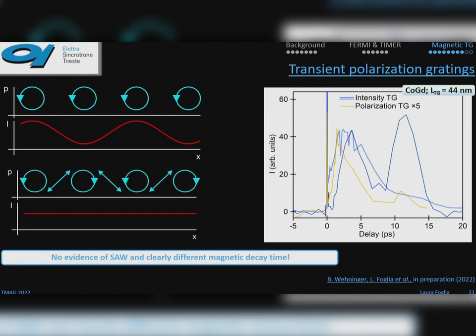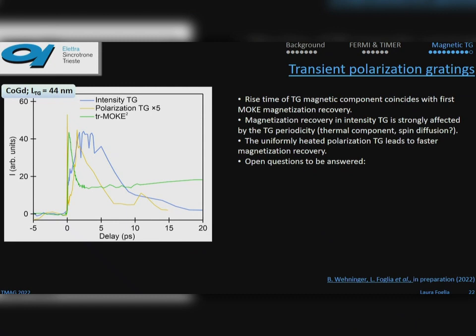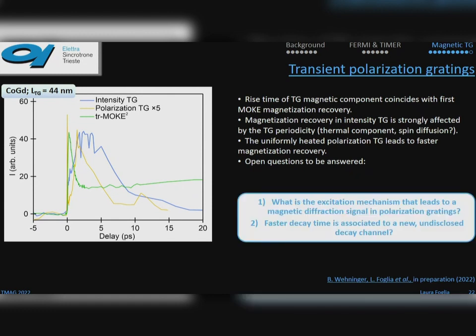Another question that we have is, why is this rise time resembling pretty much the first decay time of time-resolved MOKE experiments? And we also know that the relaxation time depends on the grating periodicity. So the open questions to be answered were, what is the excitation mechanism that leads to this magnetic signal? And why, at the same grating periodicity, do I have such different magnetic relaxations?